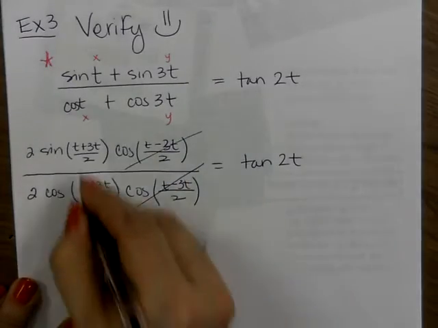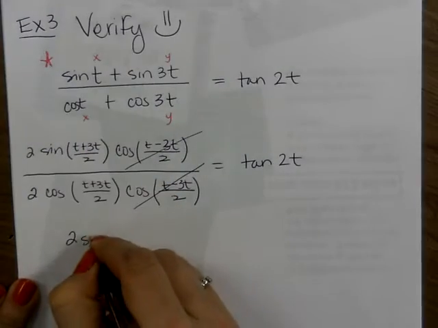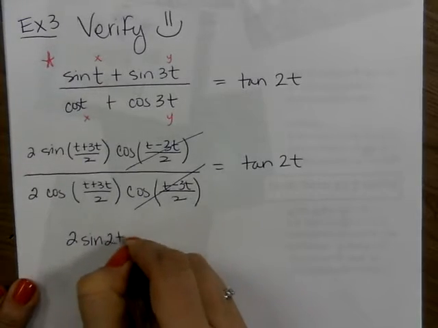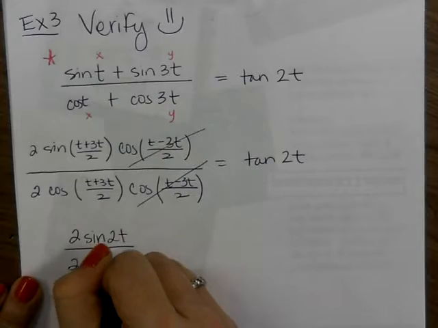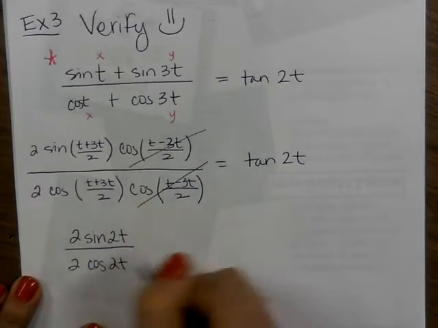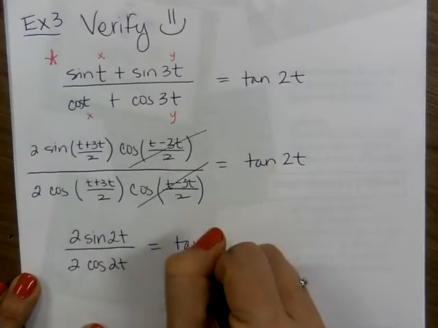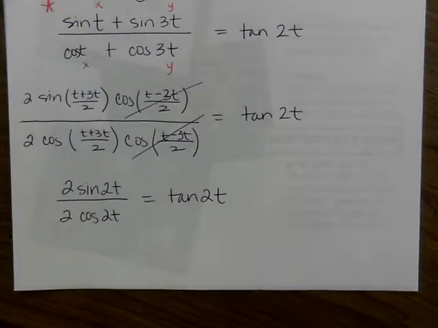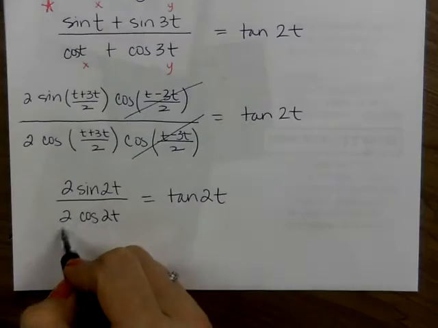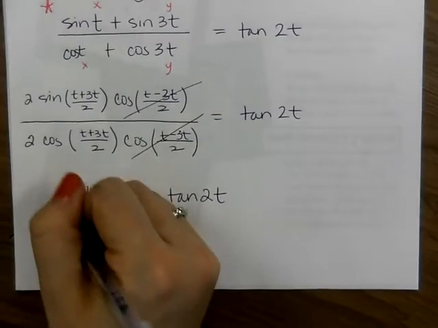So now I have 2. Let's see, sine of 4t divided by 2 is just going to be 2t, divided by 2 cosine of 2t. See the 2's on the outside cancel? So this 2 divided by this 2 cancels.